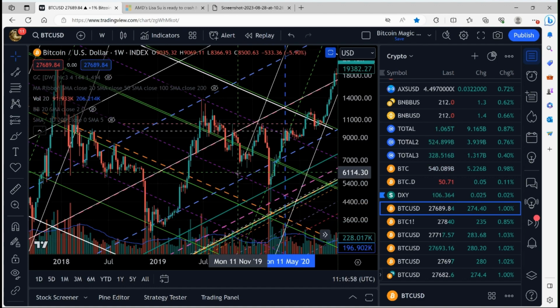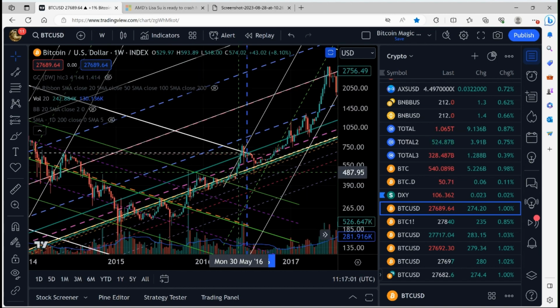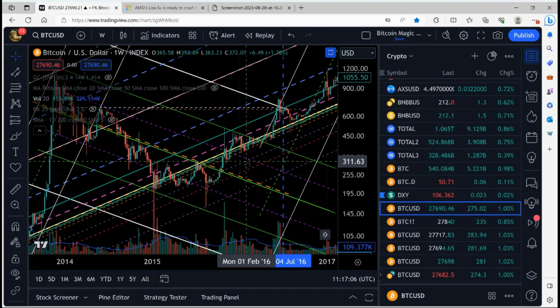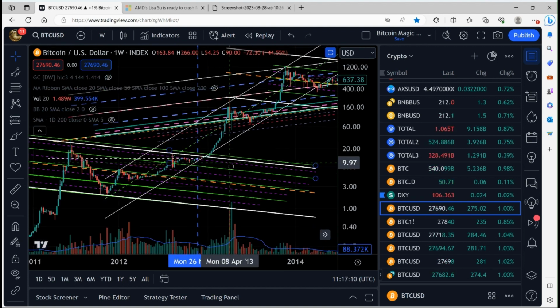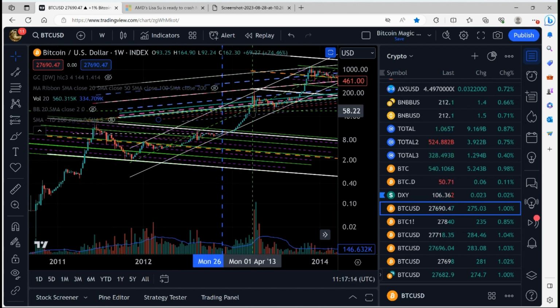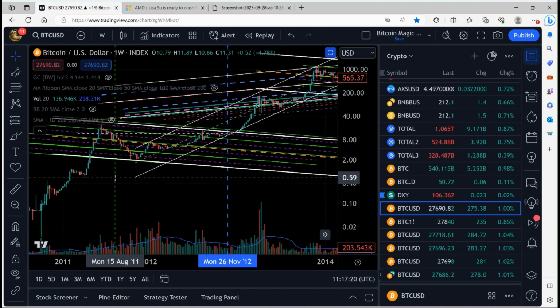But in the past, you have to go way, way back to 2015. We did come below it here. And if you go way, way back, prior to 2013, we were below that trend line. That was in Bitcoin's infancy.